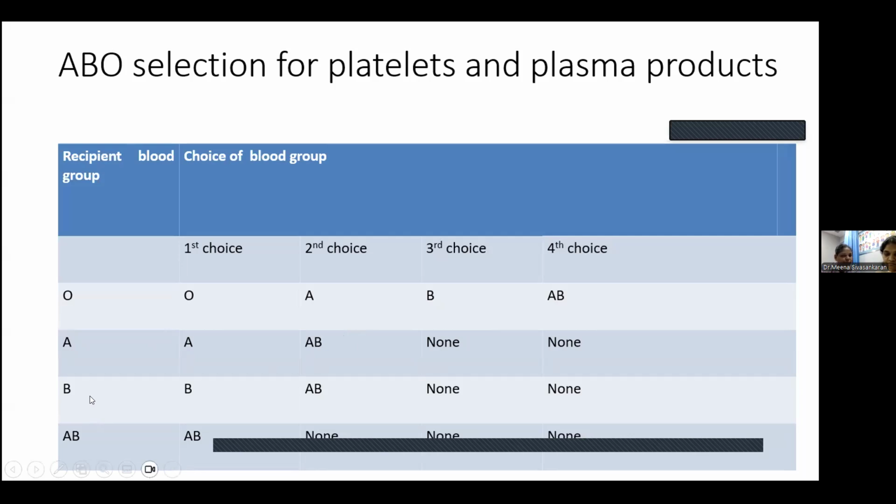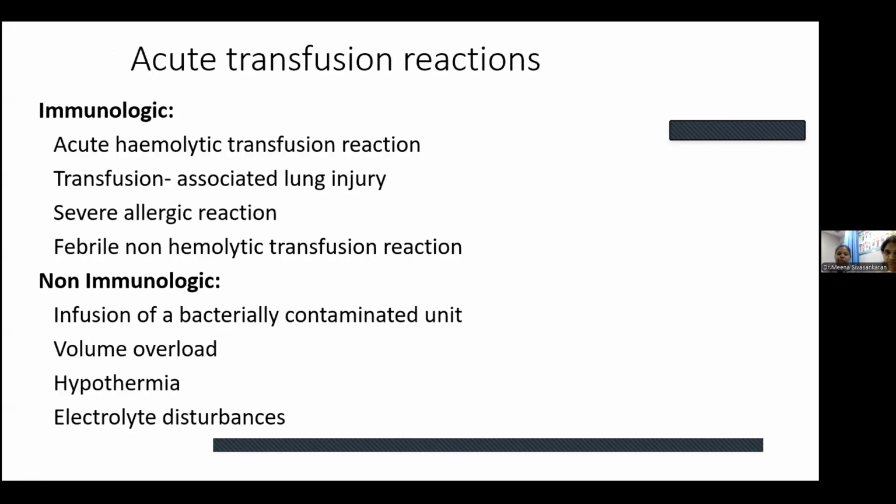For a B group recipient, the first choice is B group, and the second choice is AB group platelet and plasma. For an AB group recipient, AB is the only choice.